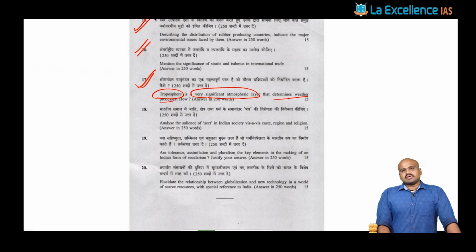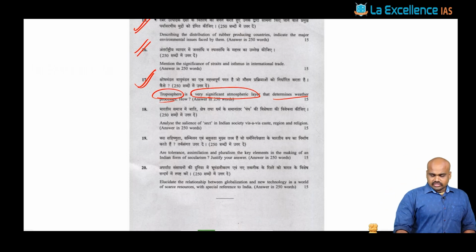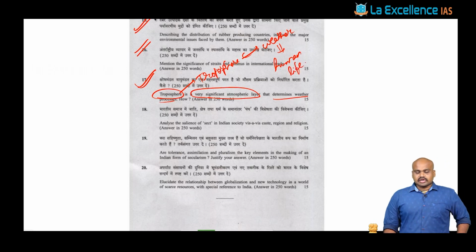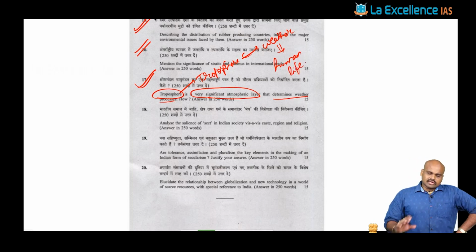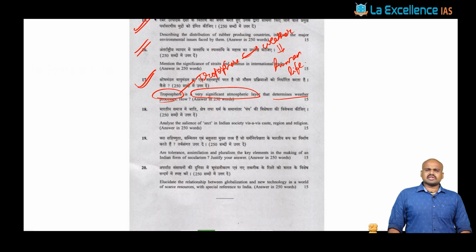Here it is fundamentally asking about the relation existing between the troposphere and the weather conditions, because weather conditions are going to impact human life to a larger extent. That is the fundamental understanding.